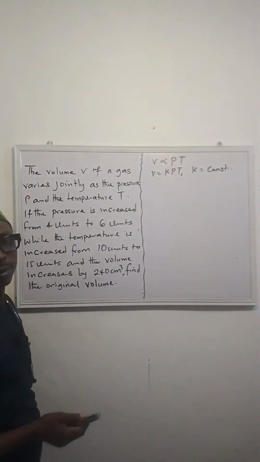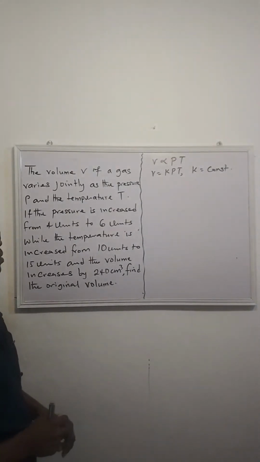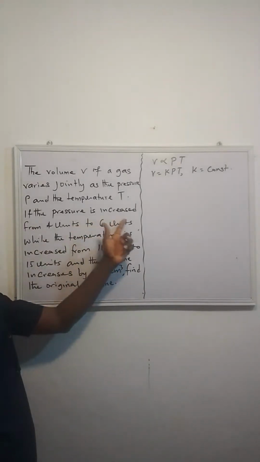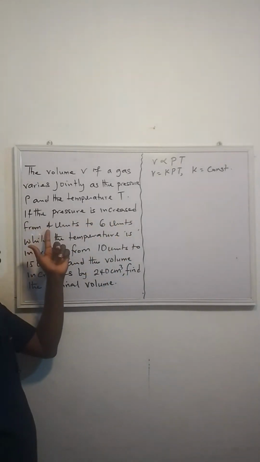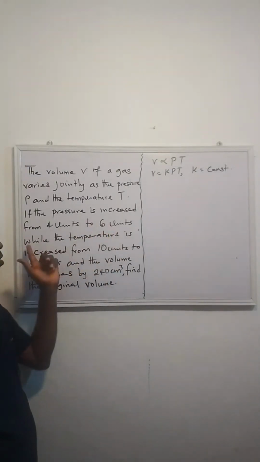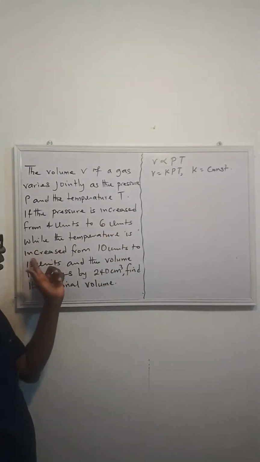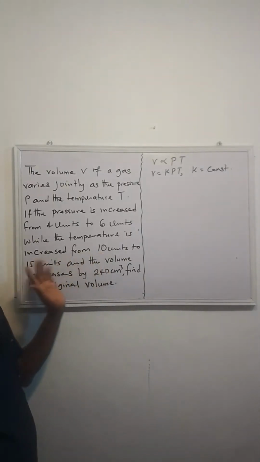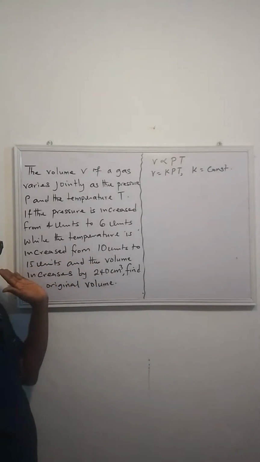All right. So now let's move down. Now, if the pressure is increased from 4 units to 6 units, while the temperature is increased from 10 units to 15 units, can you see what is happening?